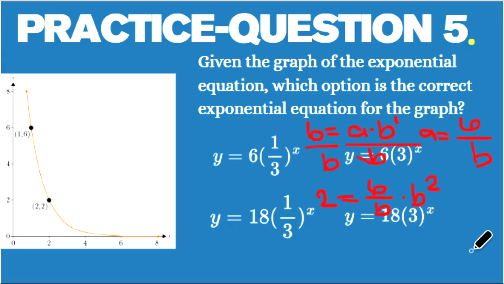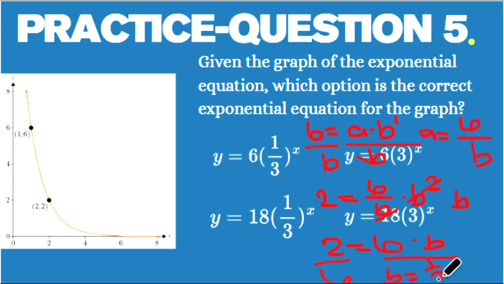I'm not quite sure where to go from here because we've got a b here and a b here. We need to get this 6 out of here. Well, these 2 will cancel out and just make a plain b. So we have 2 equals 6 times b. And if we divide by 6, then we have b equals 1/3.